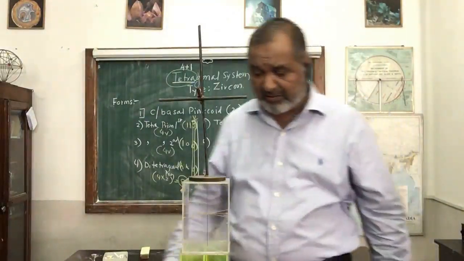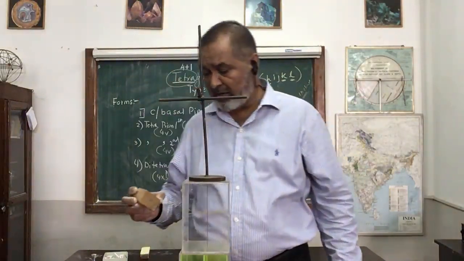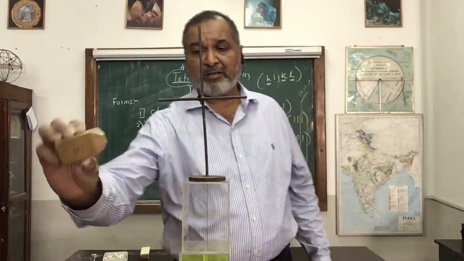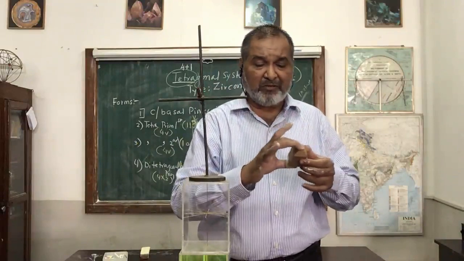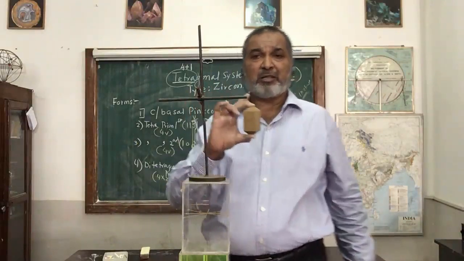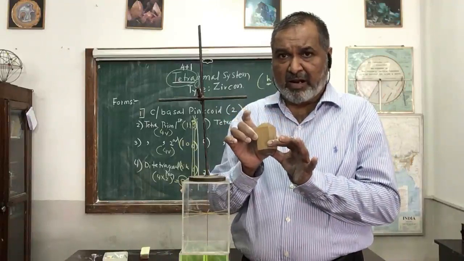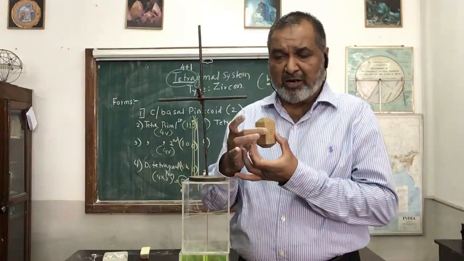Then the next one, we will see the model number 199. Yes, 199. So here we will find a pair of two similar faces, which make a basal pinacoid. Tetragonal system, axes passing from the edges, A1 running from front to back, A2 running from right to left.